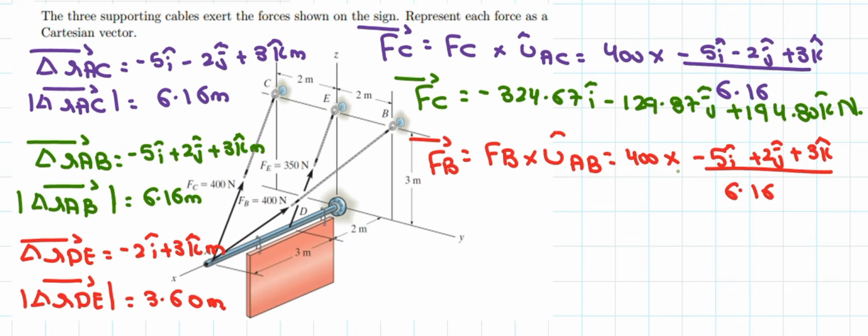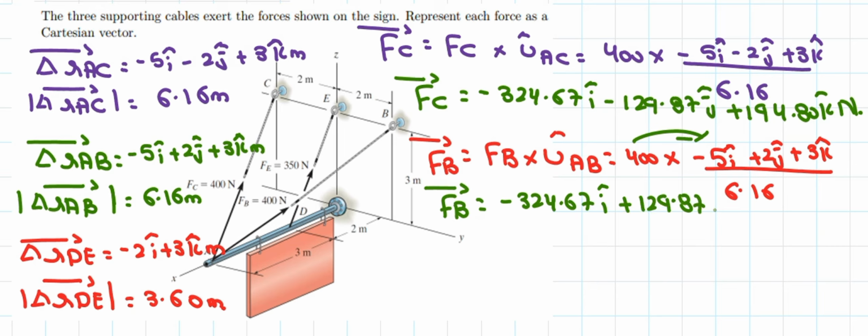So again, multiply 400 to the individual terms present here. So the vectorial form of FB is equal to negative 324.67i with positive 129.87 j cap, and lastly with positive 194.80 k cap Newton. This is basically the vectorial form of FB.